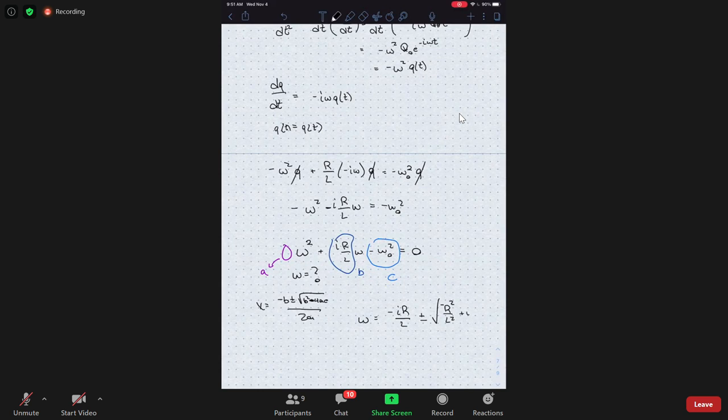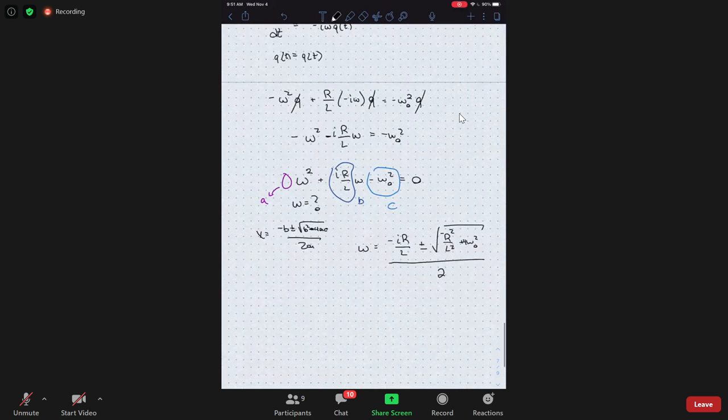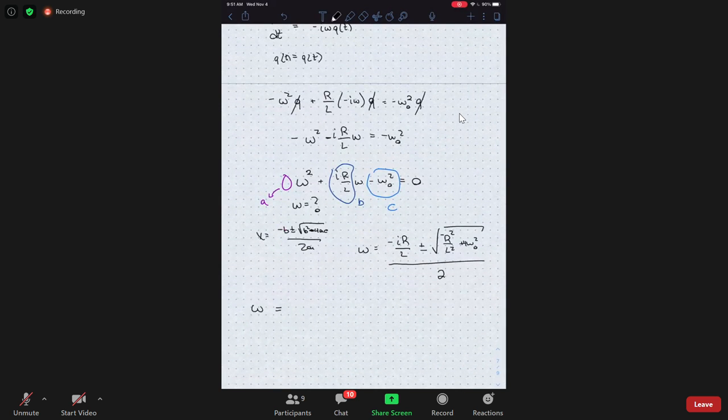So this is plus 4 omega naught squared, all over 2a, which is just 2. Simple enough so far. Okay, so this is equal to minus i R over 2L plus or minus 1/2 square root of 4 omega naught squared minus R squared over L squared.